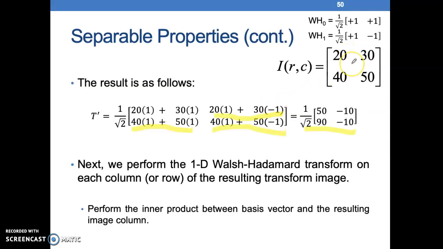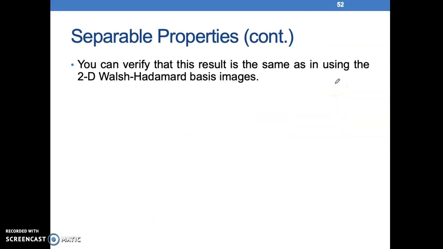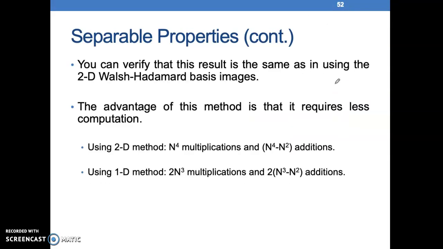So you can either use separable properties, where you do the transformation row by row followed by column, or you can use the basis matrix applied to the IRC, and you will get the same result. The advantage of the separable method is that it requires less computation compared to the matrix.